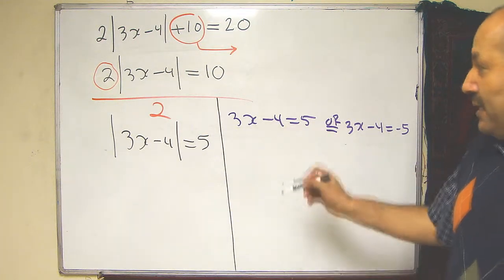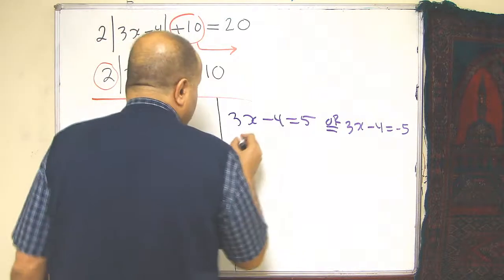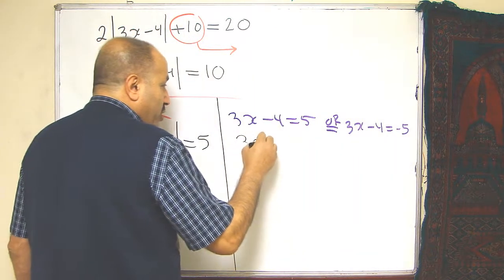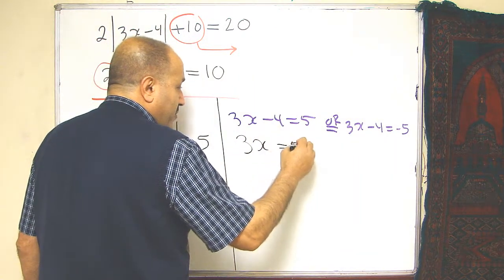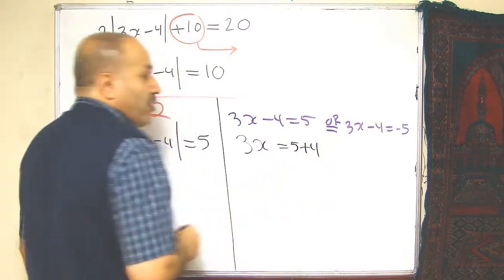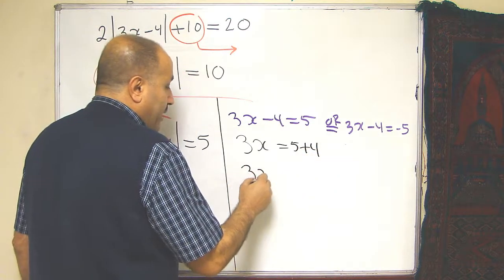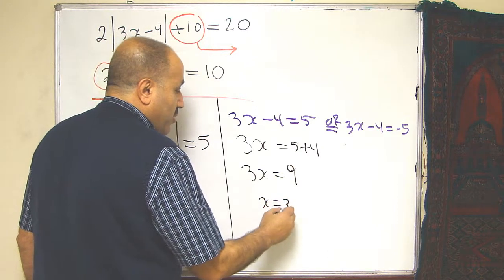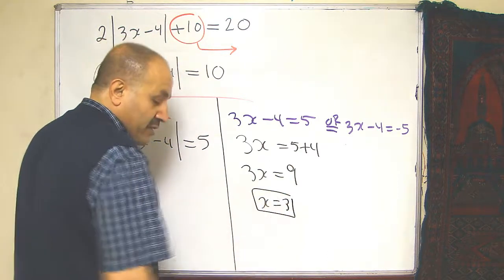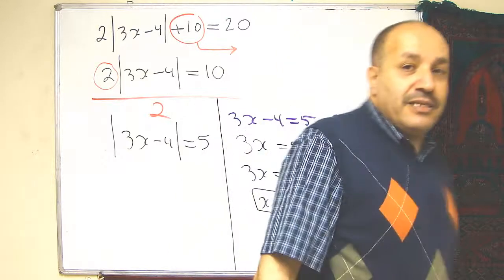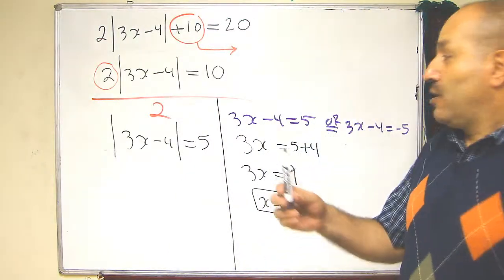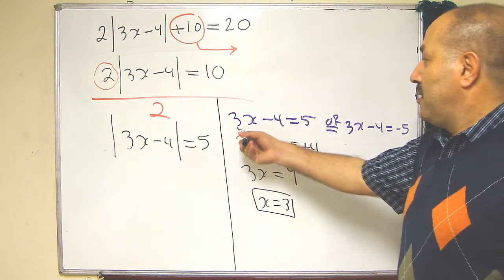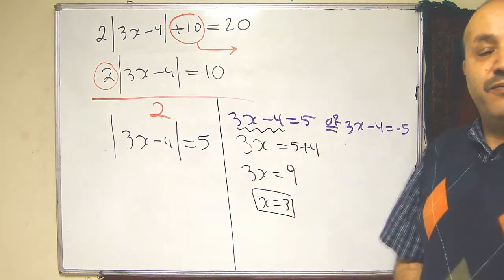If we simplify this, it will be 3x equals 5 plus 4, so 3x equals 9, so x equals 3. This is if we consider the inside being positive.